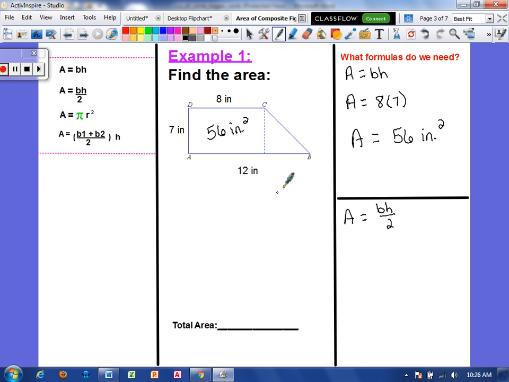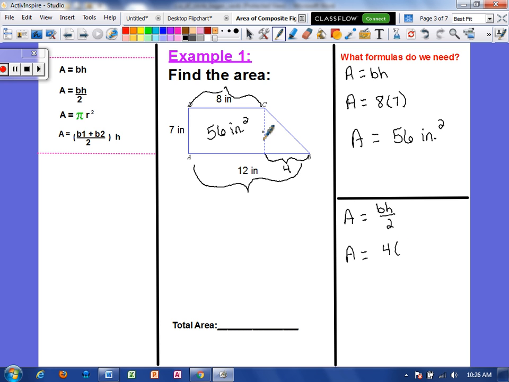Now for the triangle, it does not tell us the base of the triangle, but we can see that this entire side measures 12 inches. And this side measures 8 inches. So if we subtract those, then we know this must be worth 4 inches. So for the triangle, there is a base of 4.